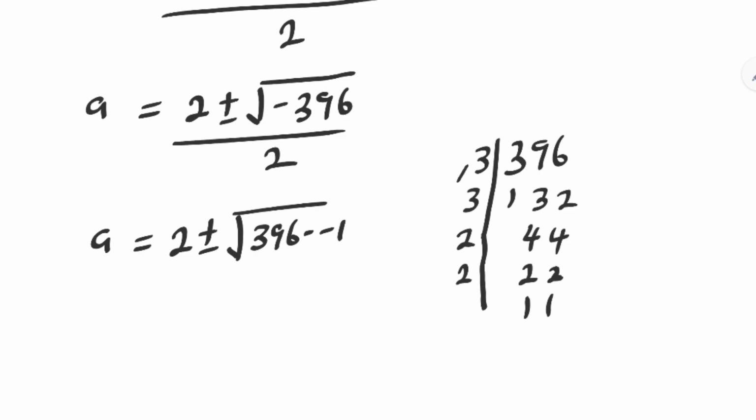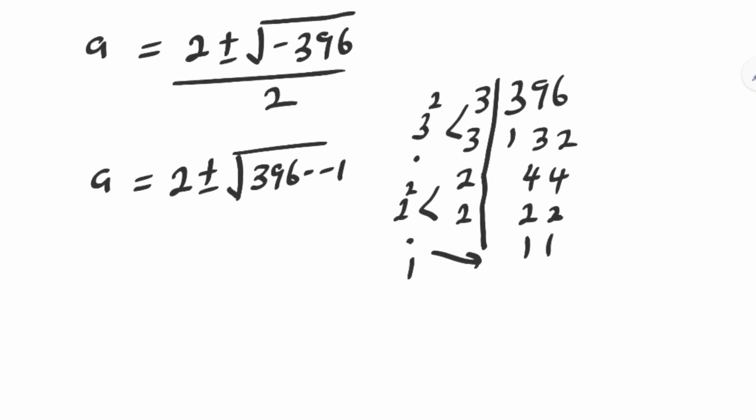Therefore, 396 can be written as 3 square, then multiply by 2 square, then multiply by 11. So we have 3 square multiplied by 2 square multiplied by 11.